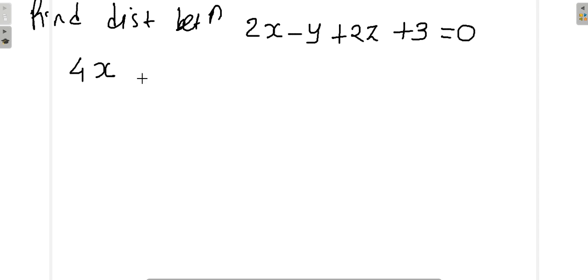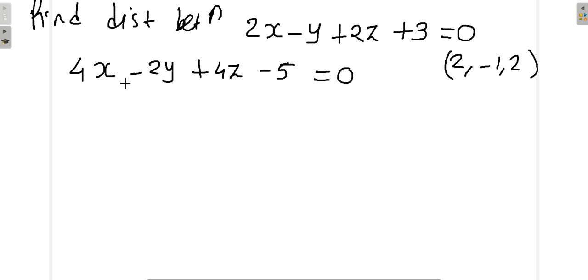Next example. Find the distance between the planes. What are the direction ratios of the normal to this plane? 2, -1, 2.